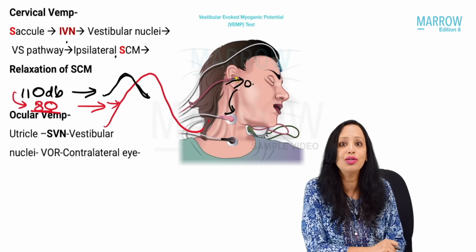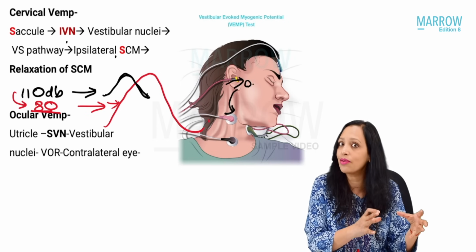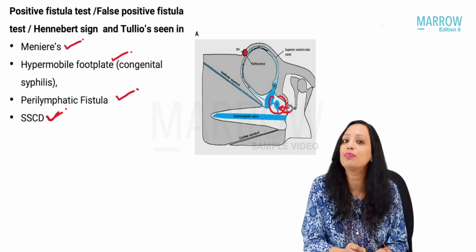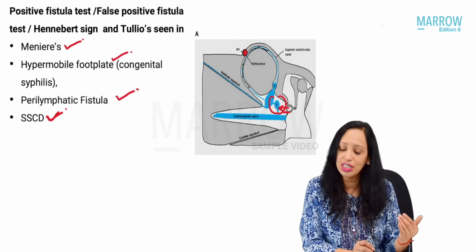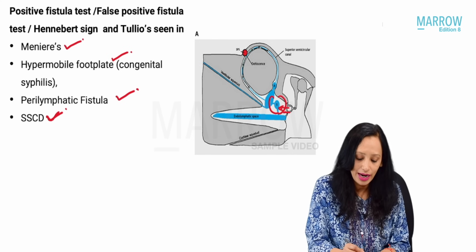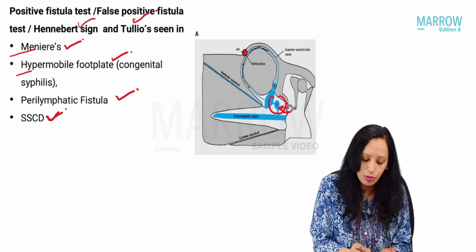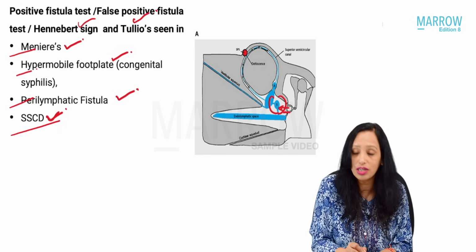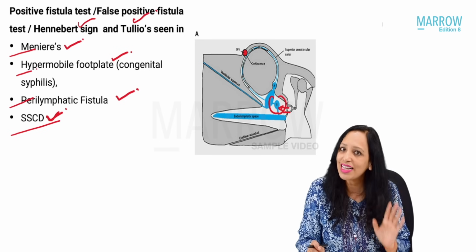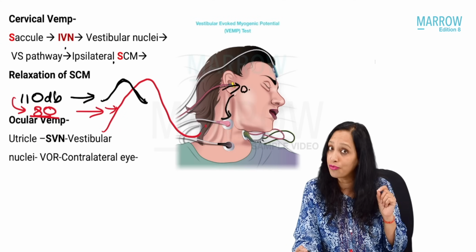So this will tell you that the inner ear is getting stimulated excessively, which means the patient has any of these pathologies. In other words, whenever we are suspecting Tullio phenomenon or a Hennebert sign, whenever we are suspecting Meniere's, hypermobile foot plate, perilymphatic fistula or third window, it is then that we do this test. Is that very clear? Okay, so these are the indications of VEMP test.